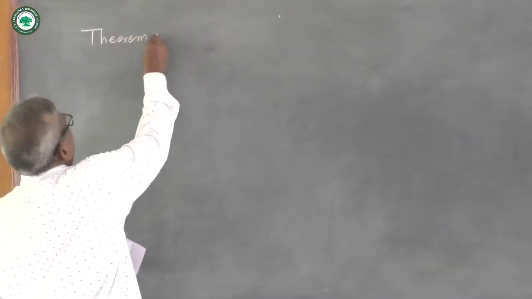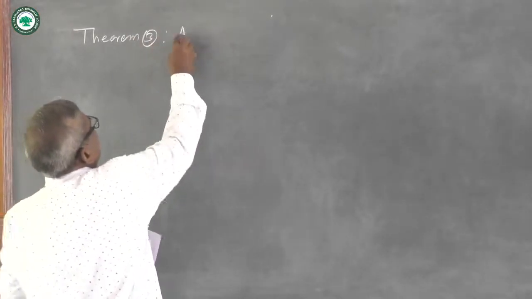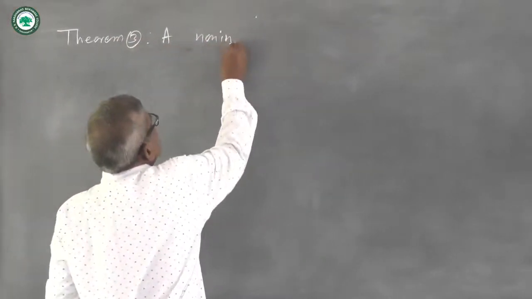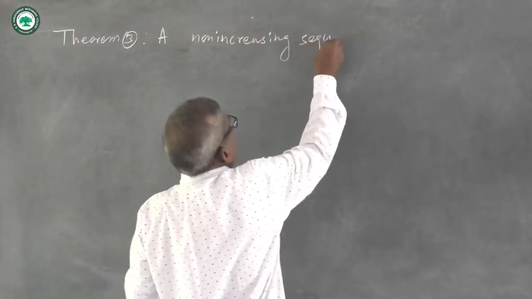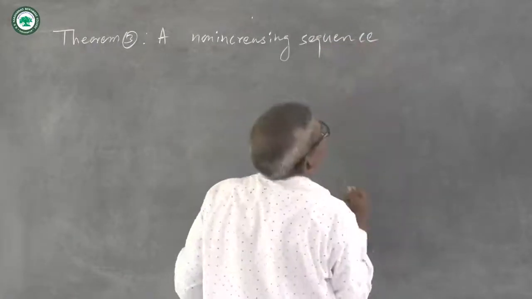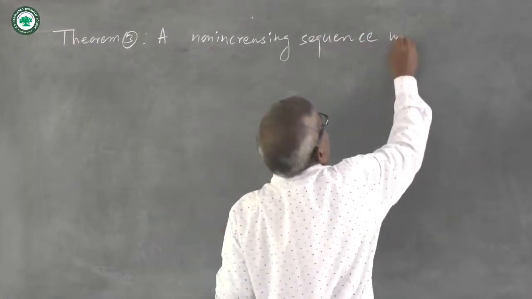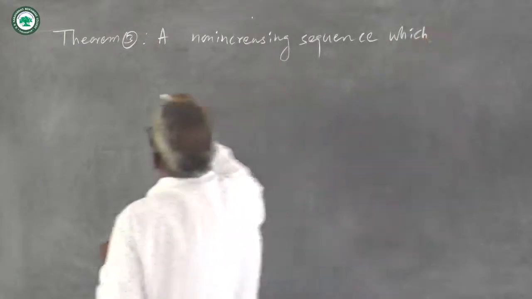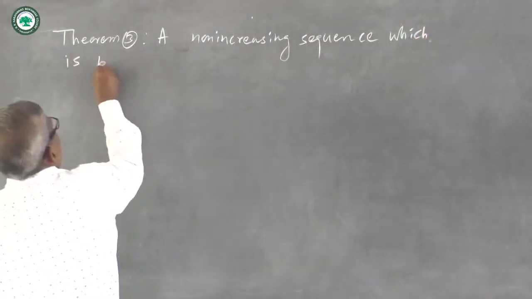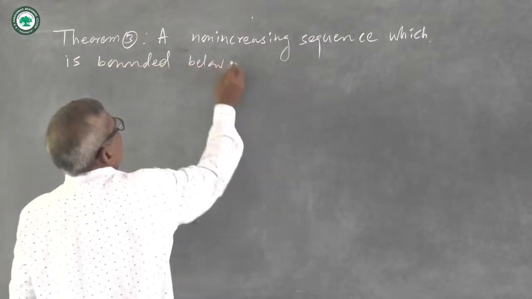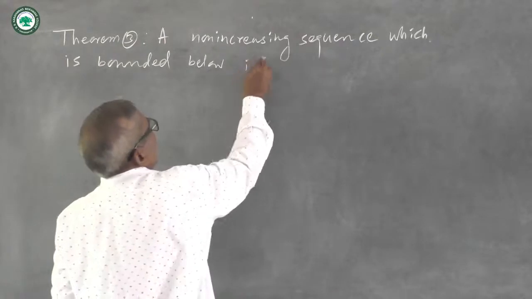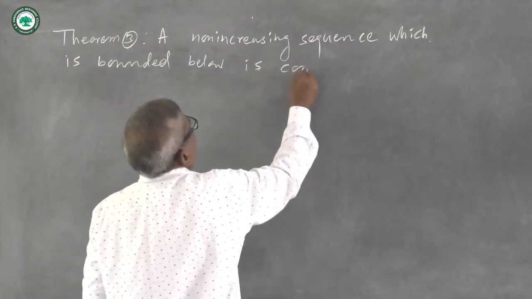Theorem number 3. A non-increasing sequence which is bounded below is convergent.